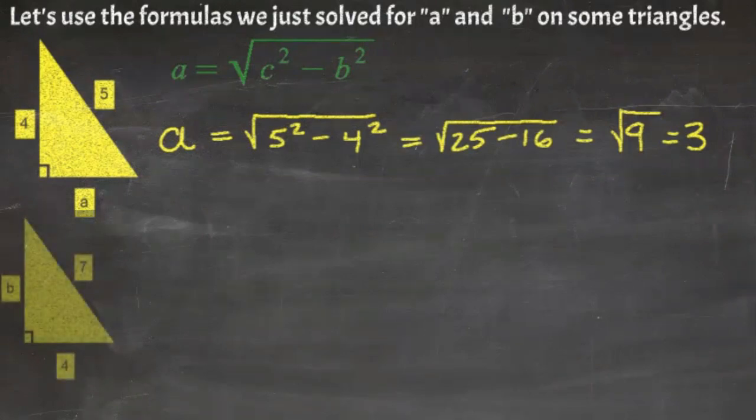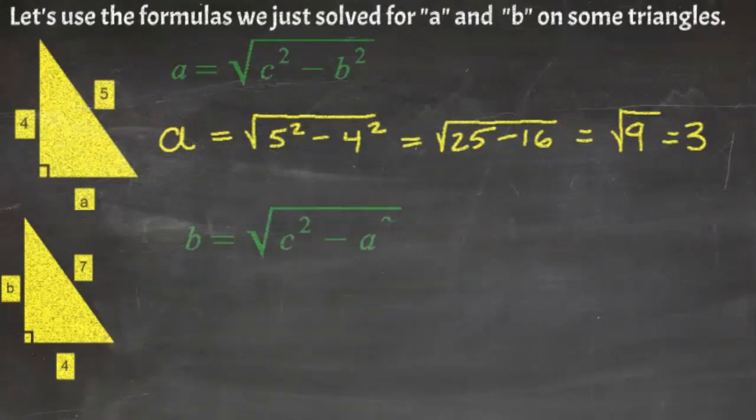Now let's try one for the b side. So we get b is equal to the square root of c squared minus a squared. Now we just fill it in. b is equal to the square root of c squared, which is 7 squared, minus a squared, which is 4 squared.